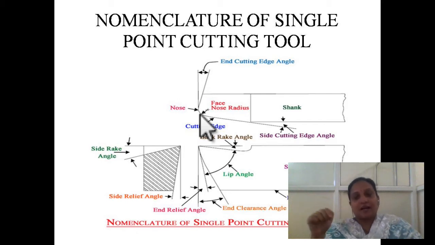With a larger radius, the tool will not dig into the surface and you don't get rough surfaces. But if you don't have this nose radius, the sharp edges will touch the surface and create irregularities over it. So that is about the nose radius and shank.